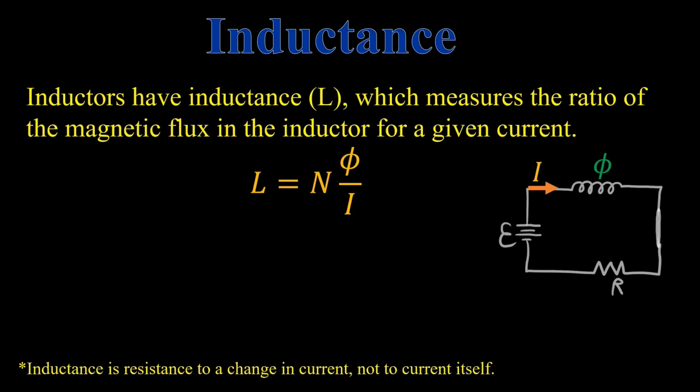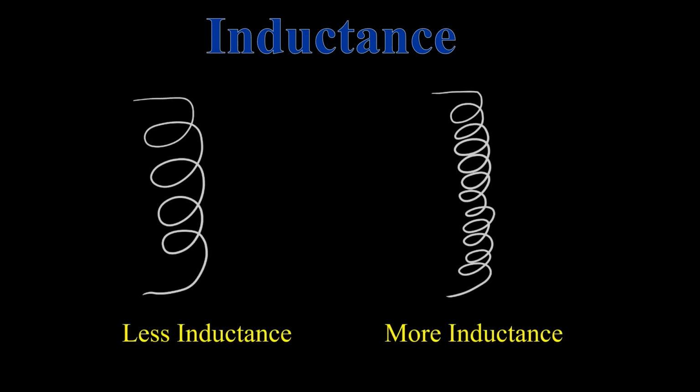And to derive the expression that we just saw there, I would have L equals N dphi dt over di dt, which is epsilon over di dt. And there we go. So the induced EMF is negative L di dt, and that is inductance. And there was that N in that equation, so more loops means you're going to have a better inductor. Fewer loops, you're going to have less flux, so not as good of an inductor.